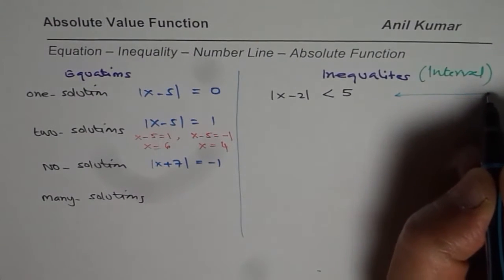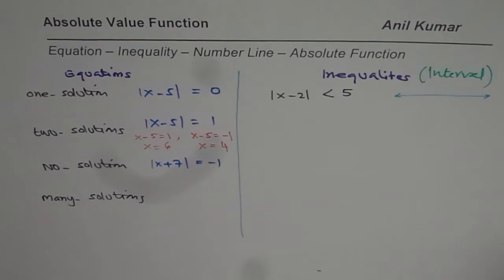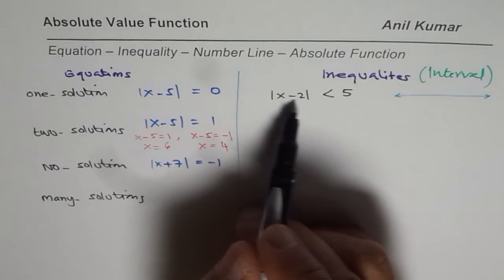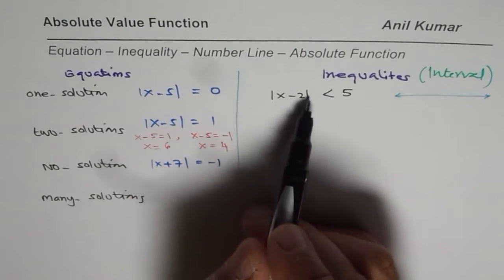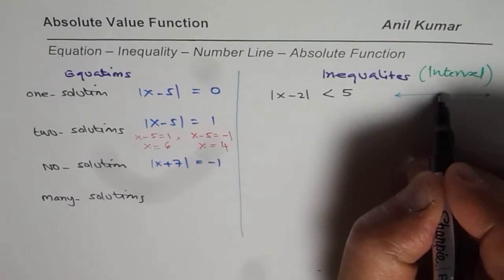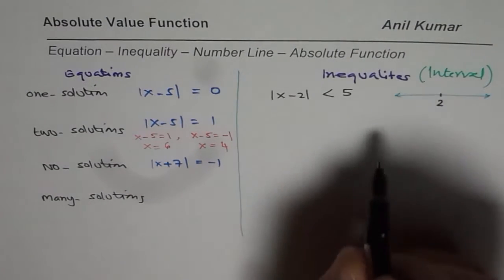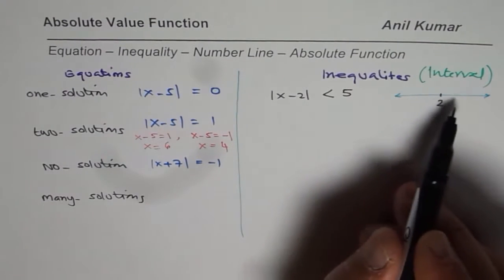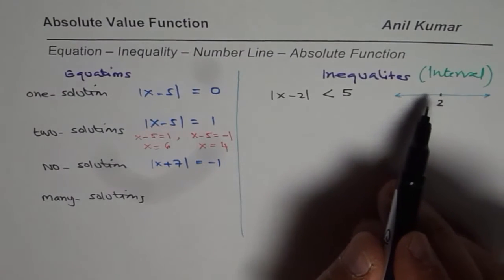So on a number line, I could show the solution as the center point being 2, since x minus 2 equals 0 gives x equals 2, for example. I'm looking for values which are 5 units away from this particular point, right?